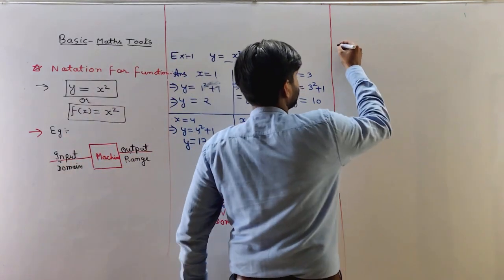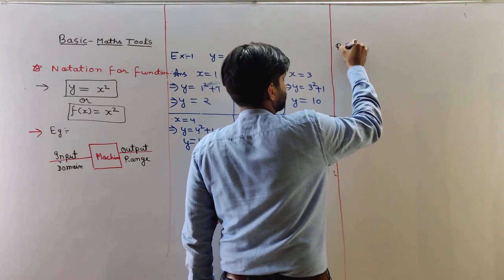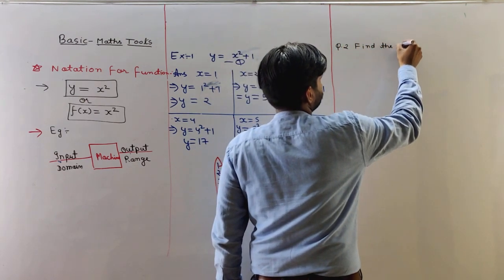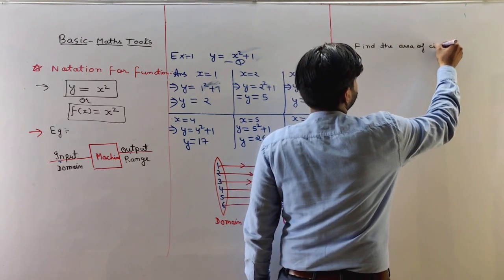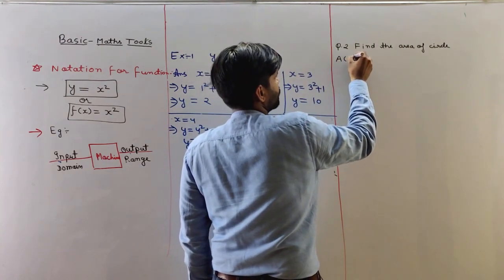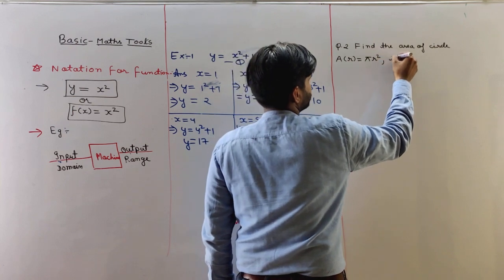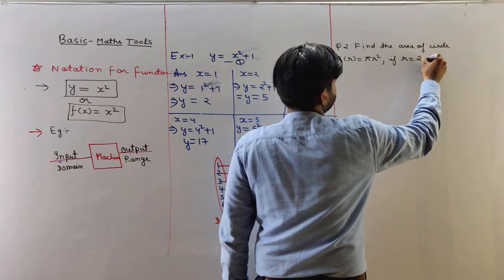Let's suppose example number 2. Find the area of a circle. A is equal to pi r square, if r is equal to 2 meter.